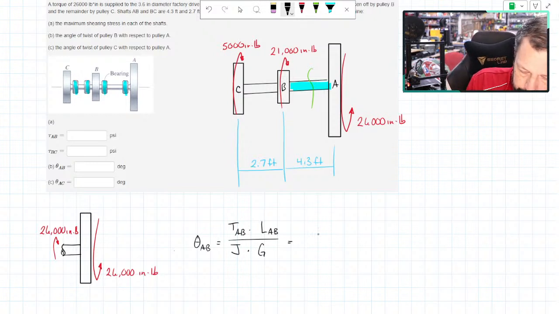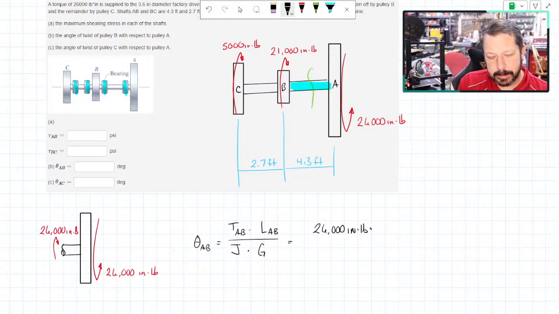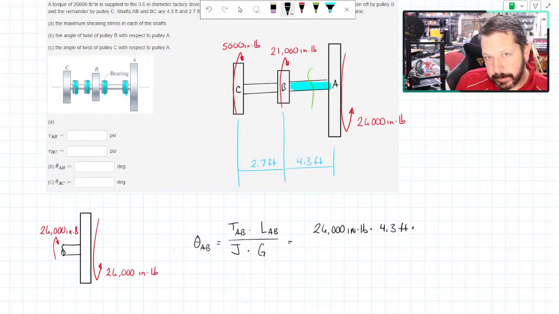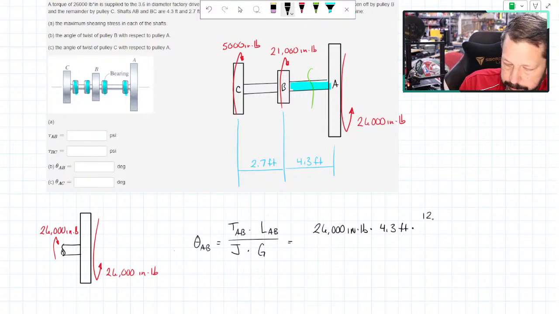All right, so the torque we just found is 26,000 inch-pounds. The length is the length of AB only, which is why I wrote AB on there, so it's only the 4.3 feet. I will convert the feet to inches, so 12 inches per foot.